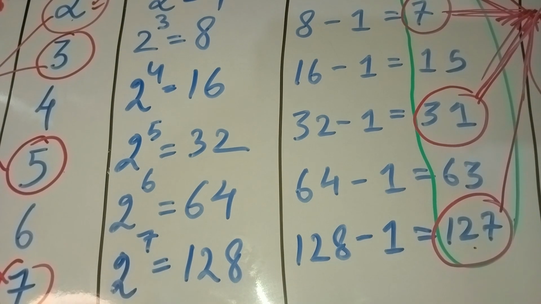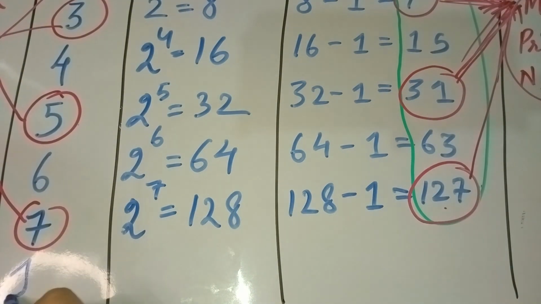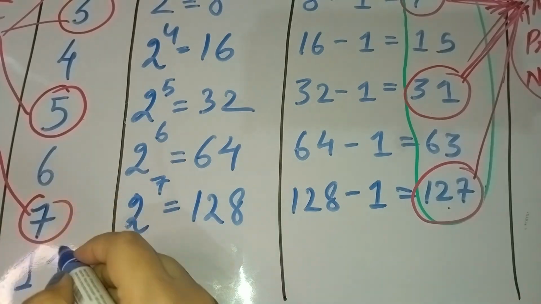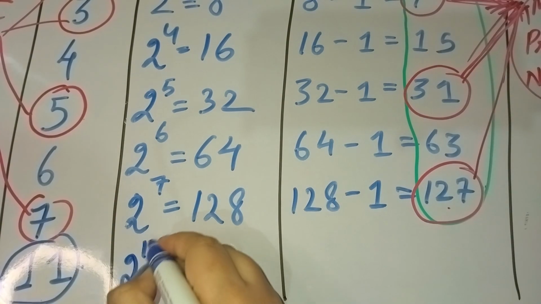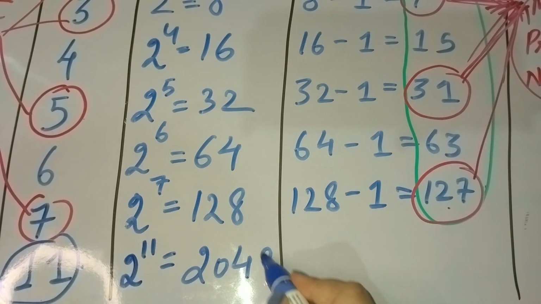Let's take another example. Let me take n equals 11. If my n is 11, what will be the value of 2 to the power 11? 2 to the power 11 is equal to 2048.